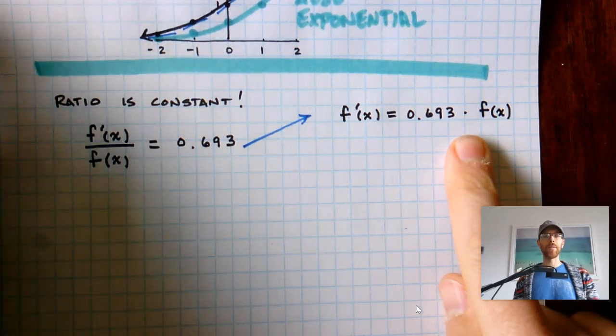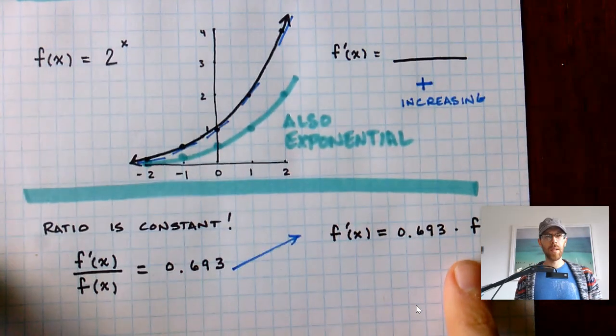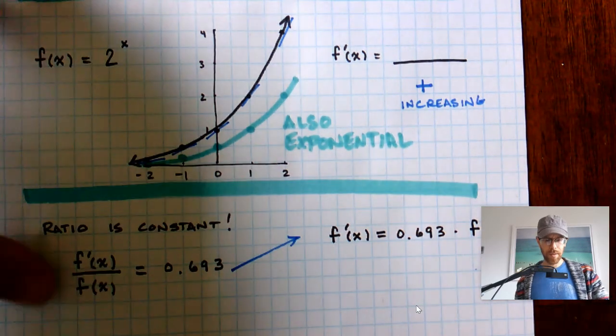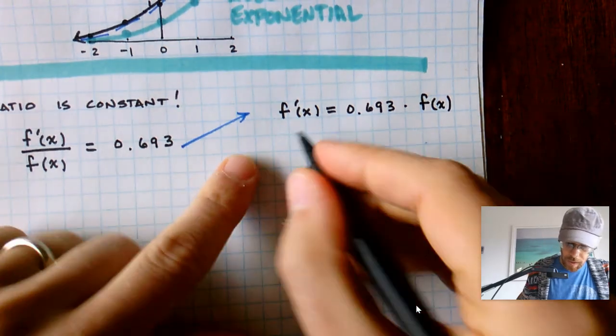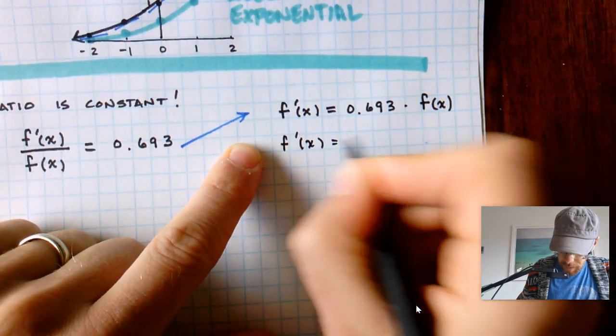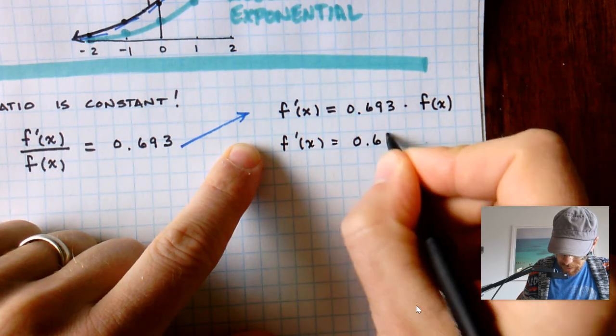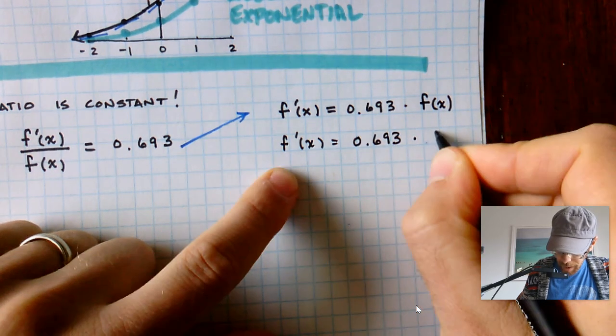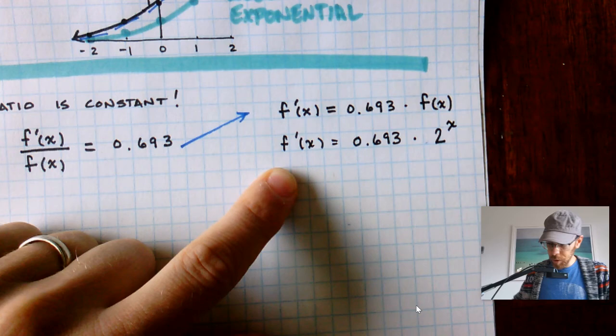Hey, and what was the original function? It was 2 to the x. So that means that our derivative is this constant multiplied by 2 to the x.